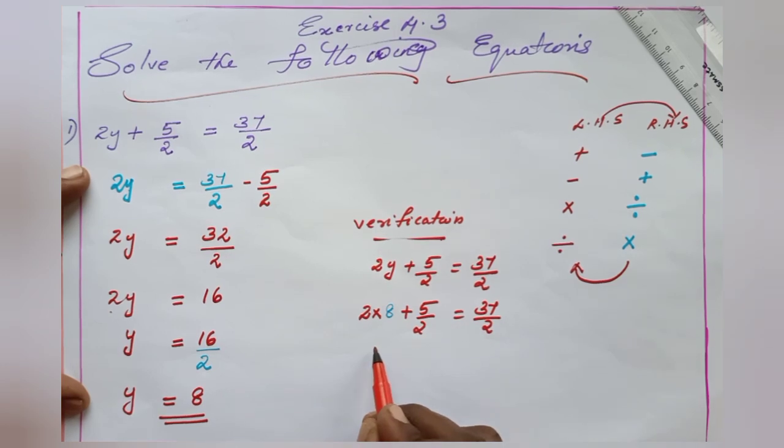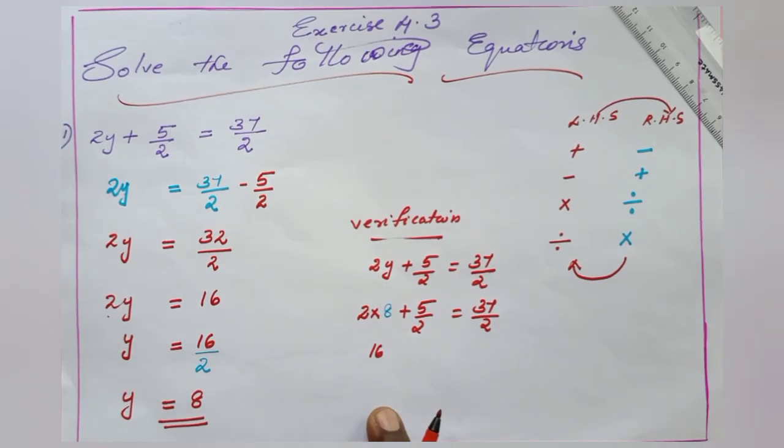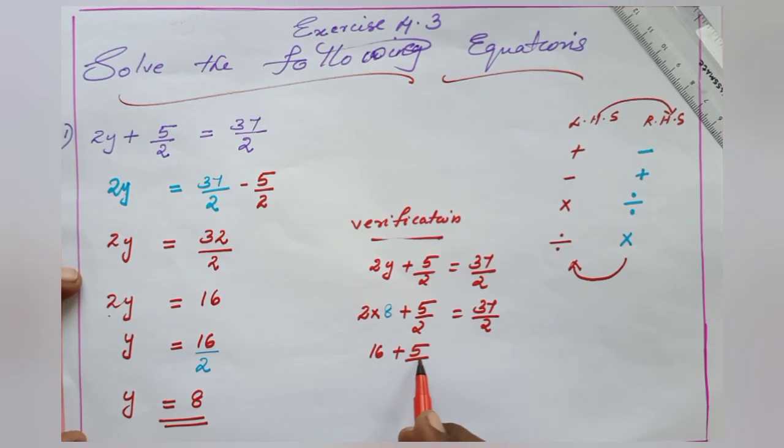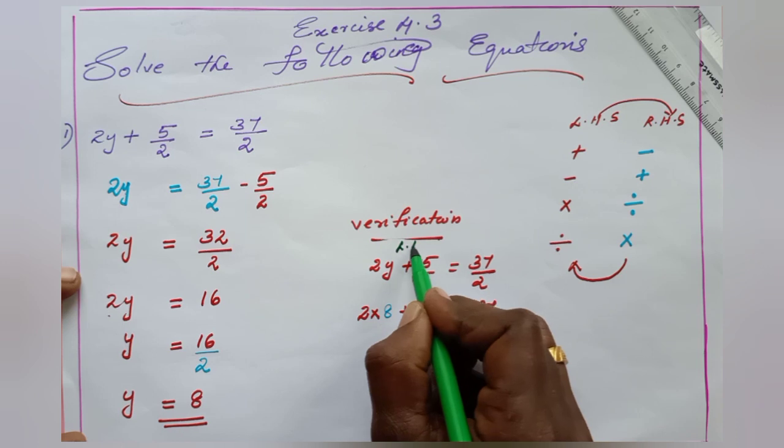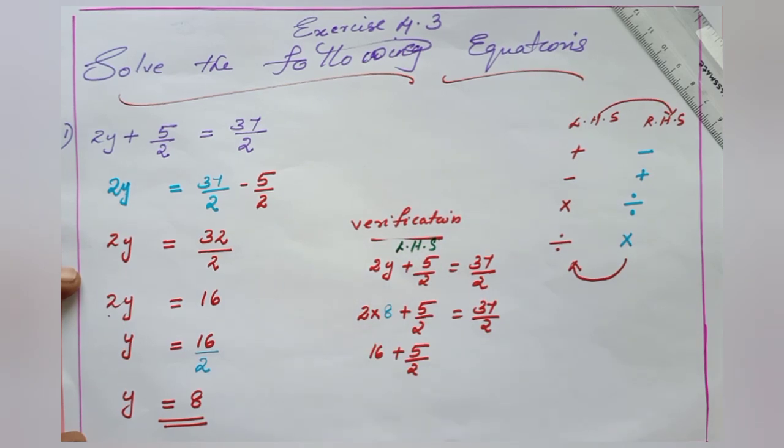2 into 8 is 16. So 16 plus 5 by 2. Do the left side calculation first. This is the LHS portion. Using cross multiplication, 16 by 1, 16 into 2 is 32, plus 5 into 1, 5 by 2, we get 37 by 2.